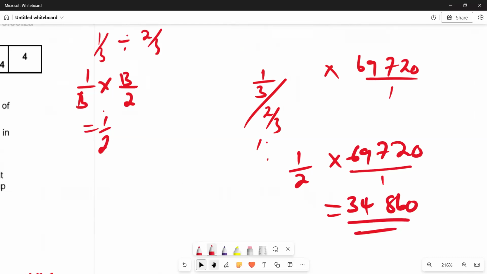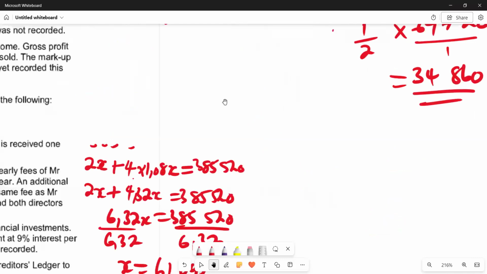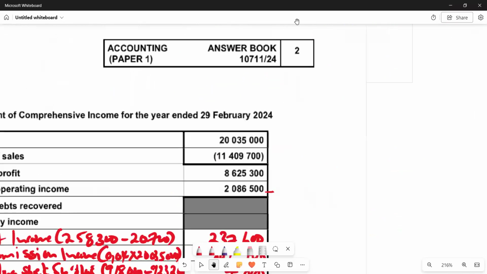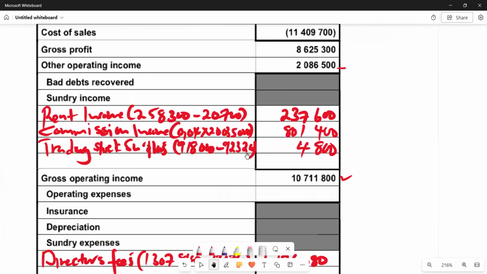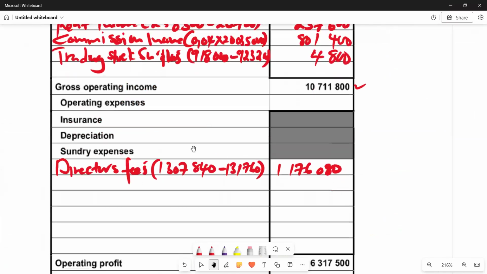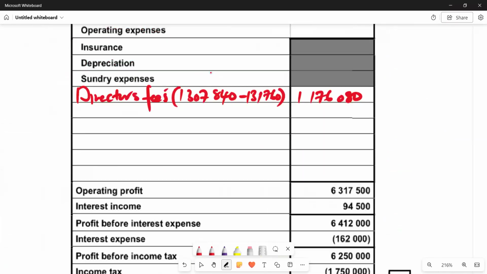So we come here, go to the answer section. Here we are now saying audit fees, and we are saying 69,720.